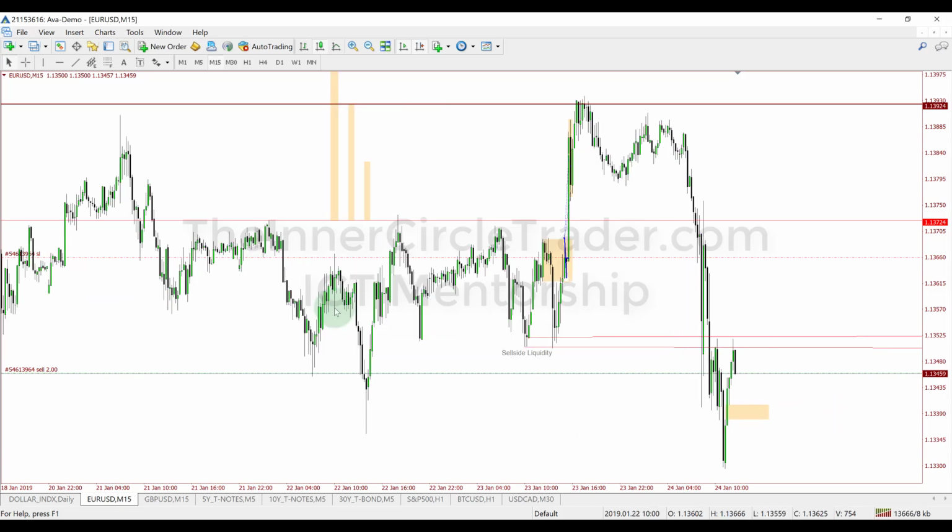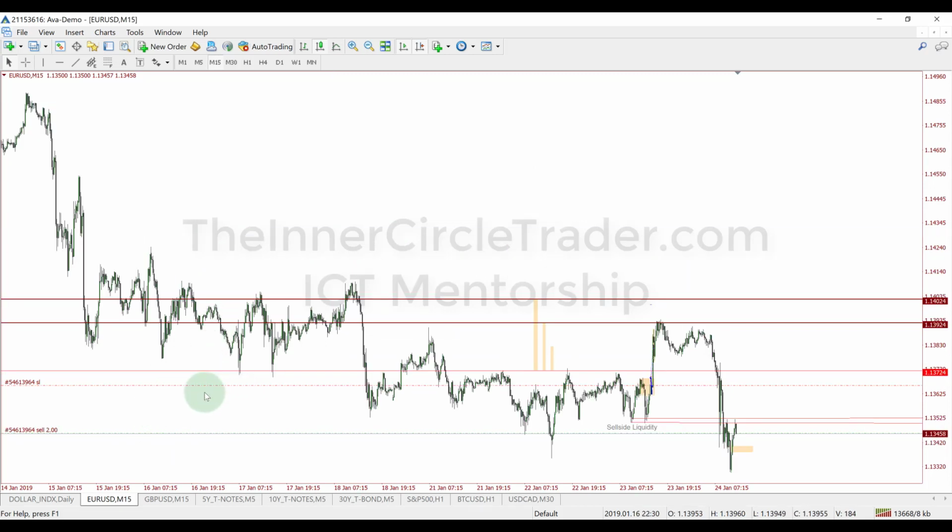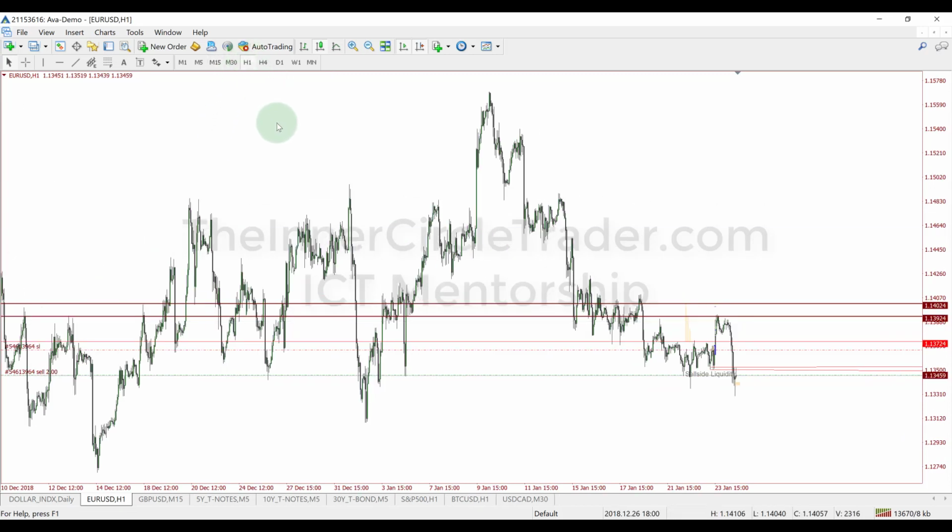And we zoom out a little bit more. On an hourly basis, we have a liquidity pool resting below here.